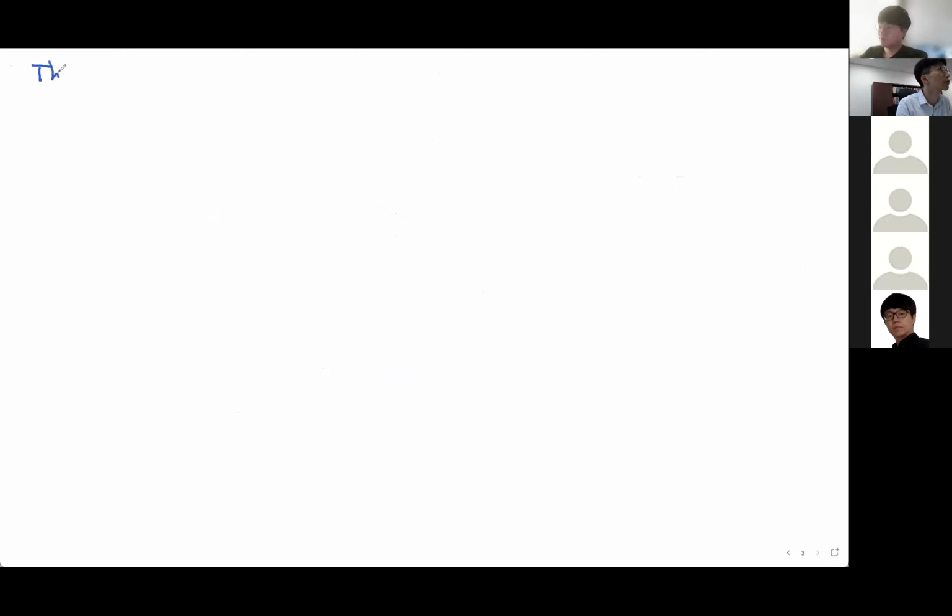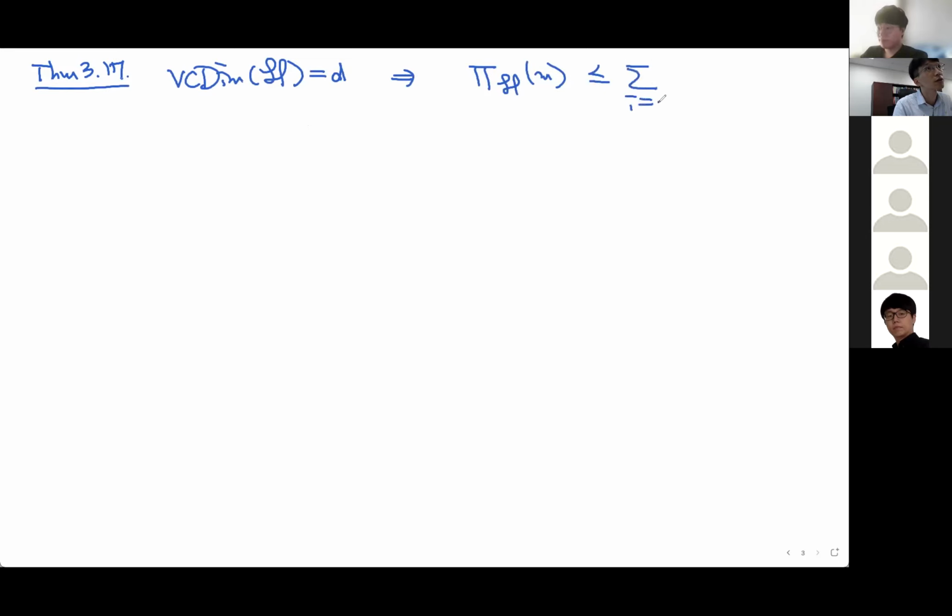There's a theorem, Lemma 3.17 again. If the VC dimension of H is equal to d, then we have a bound on the growth function: it is at most the sum from i equal 0 to d of m choose i.